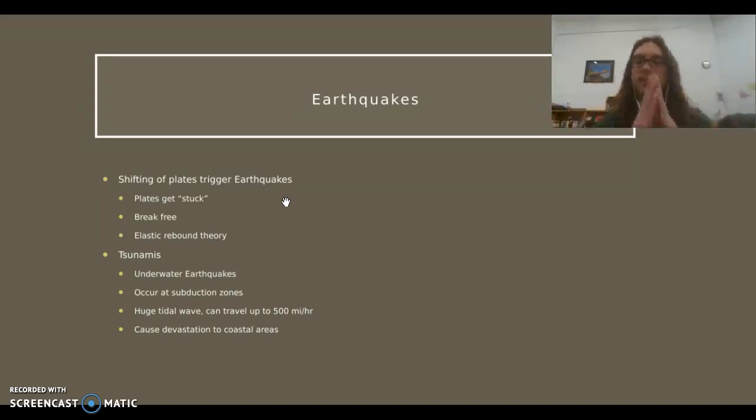That takes a long time, but there's going to be an event where when they move up a little bit, that's going to release a ton of energy because there's a lot of mass involved in plates. And so with all that mass, there's going to be more energy. When those plates move, energy is released. And essentially that's what seismic waves are, just a release of energy.